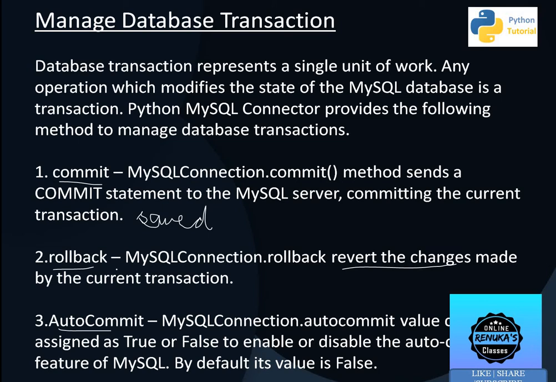All the changes will be reverted back. Auto commit means if auto commit is set to true, then whatever commands we give to MySQL for changes, all the changes will be automatically saved. But if auto commit is false, then changes have to be saved with the help of the commit command.